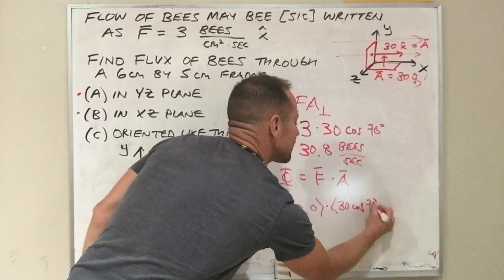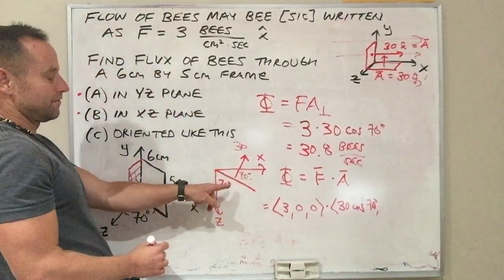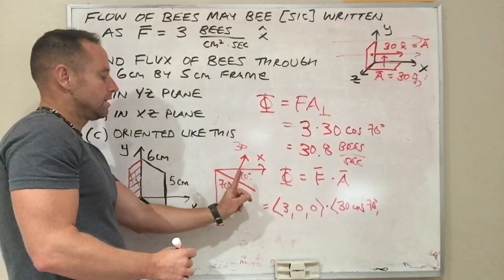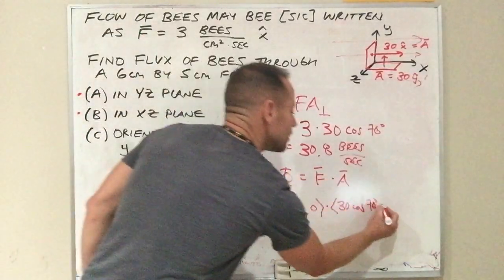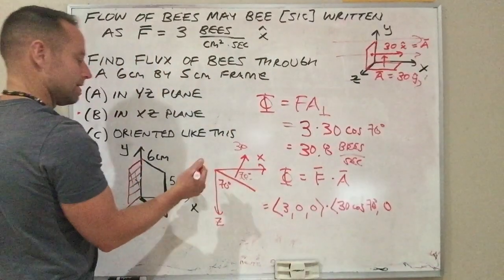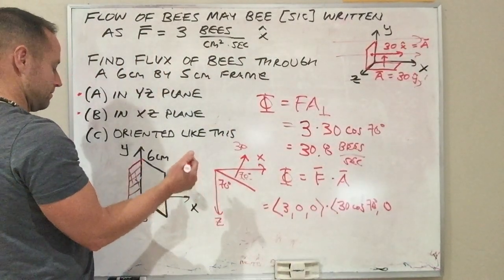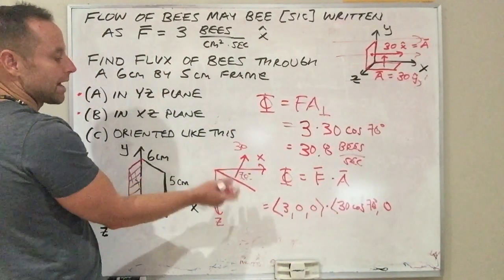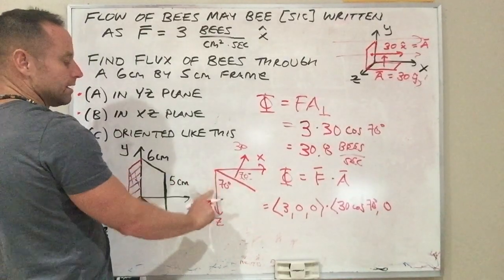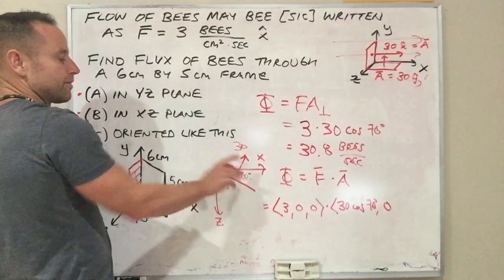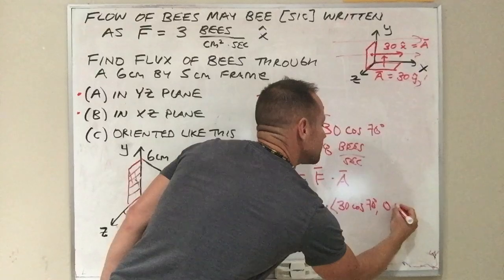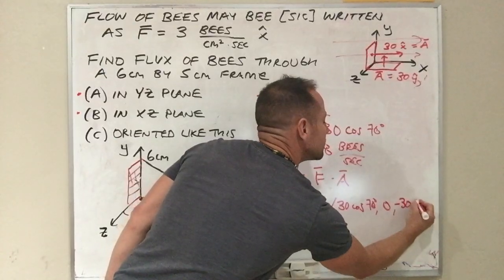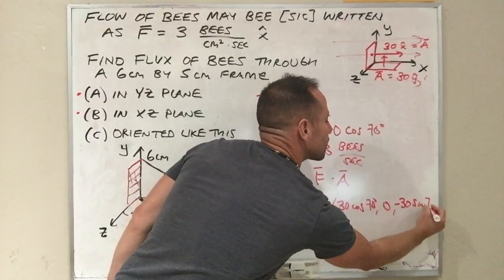Now we basically already have the answer, but just for finishing this up, the y component would be 0, because it doesn't point in any at all in the y direction. And then the z component is actually negative, and it would be 30 sine 70. So it'd be like minus 30 sine 70, and sorry I'm getting so low on the board.